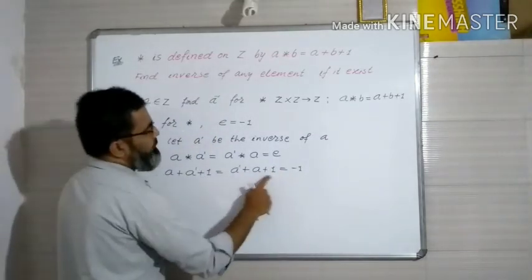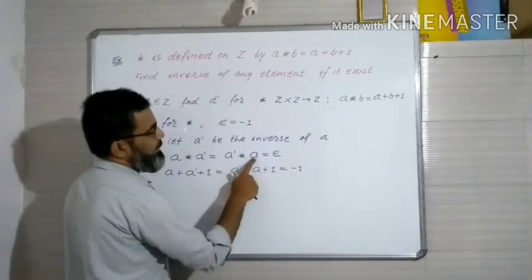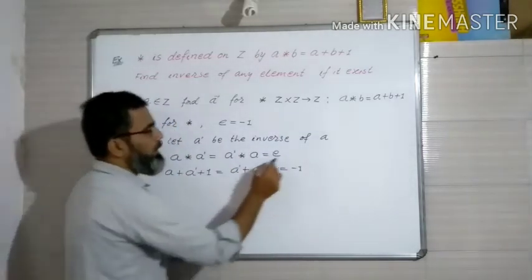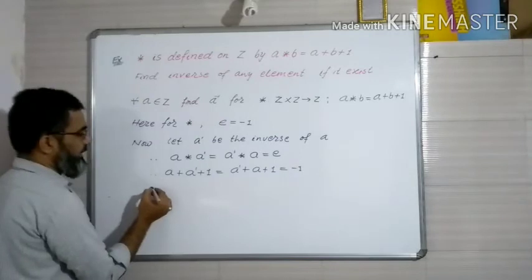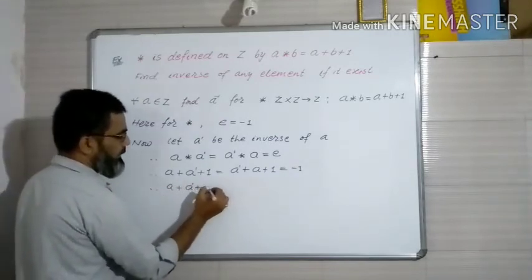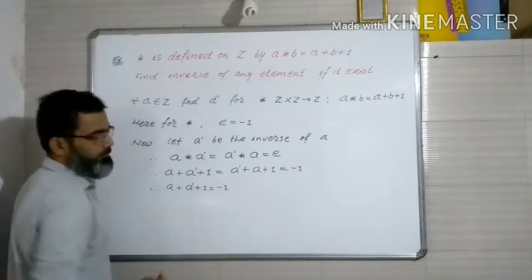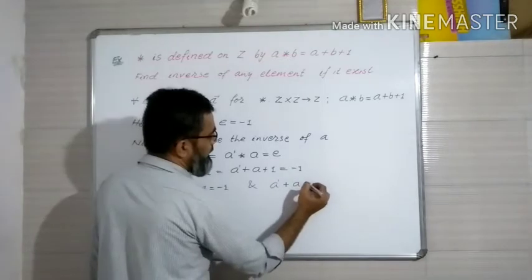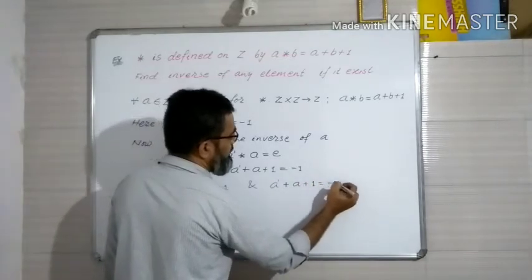Here again we can take first number first, second number second, and third 1 according to formula, and E equal to -1. Now separating this equation, A plus A dash plus 1 is equal to -1, and A dash plus A plus 1 is equal to -1.